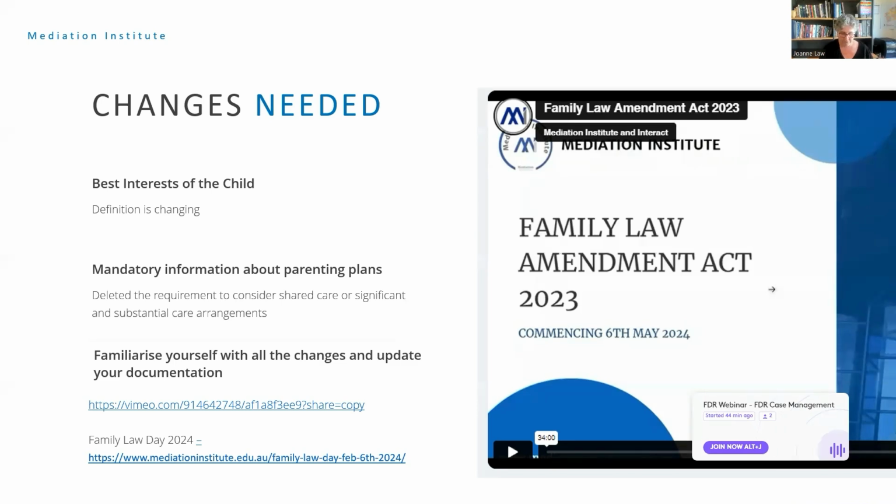That section of the Family Law Act has been repealed, or will be repealed on the 6th of May. Now the focus is very much on the children and what's going to be the best for their care arrangements.